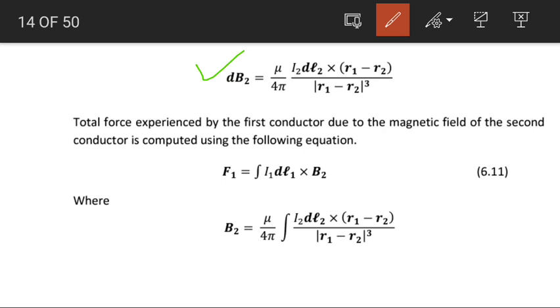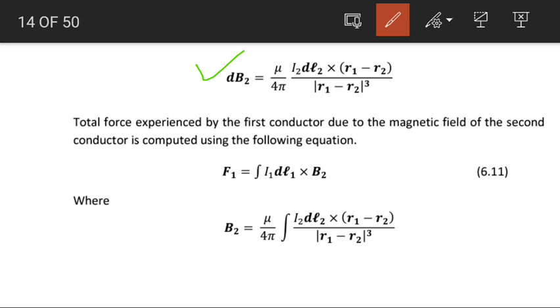Keep it in your mind that R1 is the position vector of the small portion of the first conductor, and R2 is the position vector of the small portion of the second conductor. So this is how we calculate the differential magnetic flux density which is generated by the current in the small portion of the second conductor.